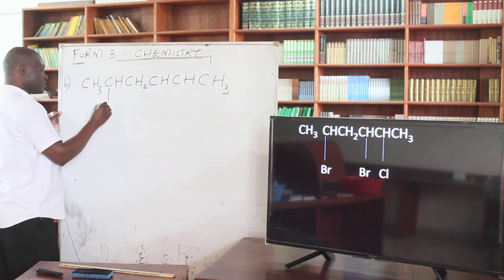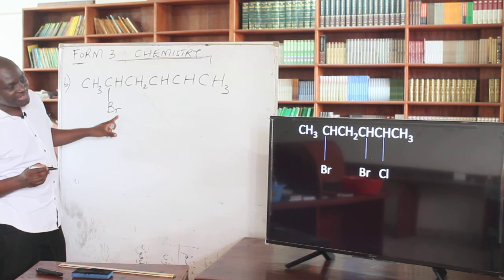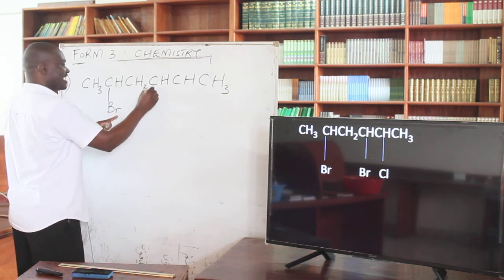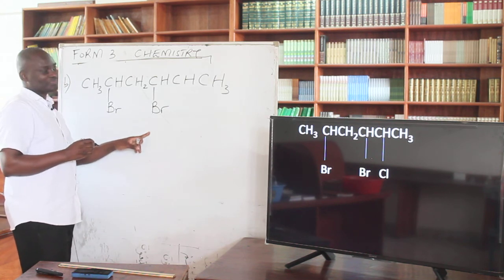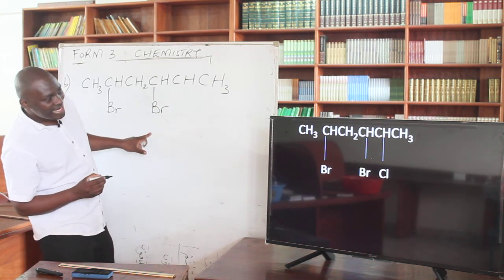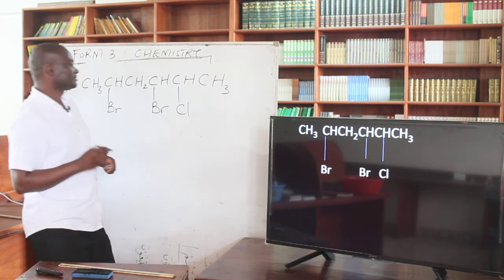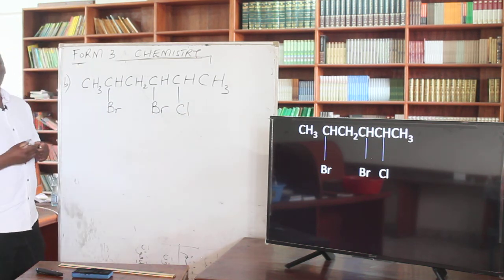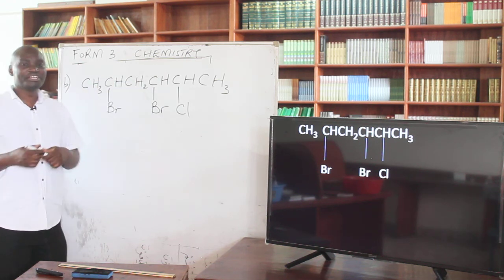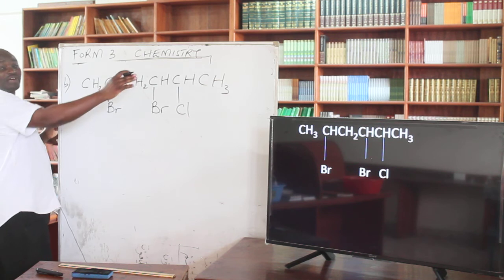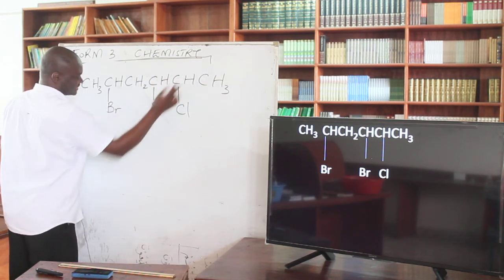So here we have a bromine atom, and here again another bromine atom, and then we have a chlorine. The longest chain: here we only have one chain, 1, 2, 3, 4, 5, 6.